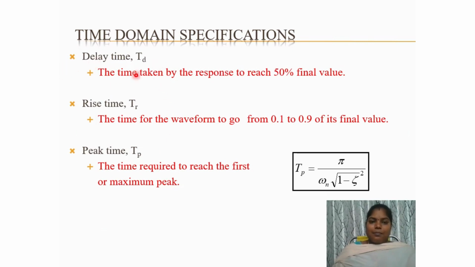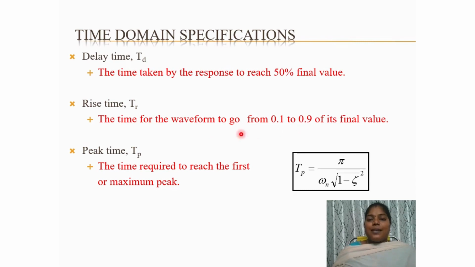So, delay time is the time taken by the response to reach 50% of the final value at the very first time. Rise time is the time taken by the response to reach 0 to 100% of the final value. For an underdamped system, the rise time is calculated from 0 to 100%.